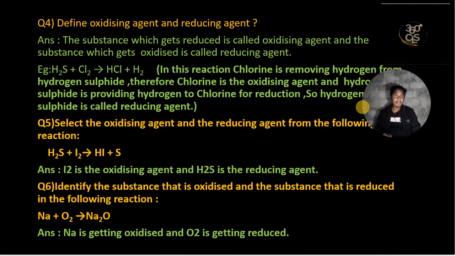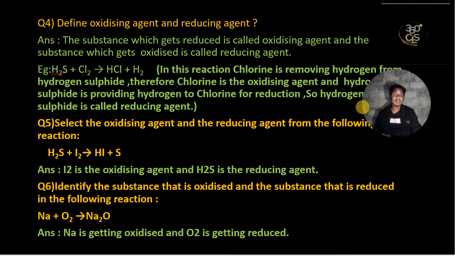Chlorine is helping by taking hydrogen from hydrogen sulfide for hydrogen sulfide to get what? Oxidized. So chlorine is the oxidizing agent. This is very simple.